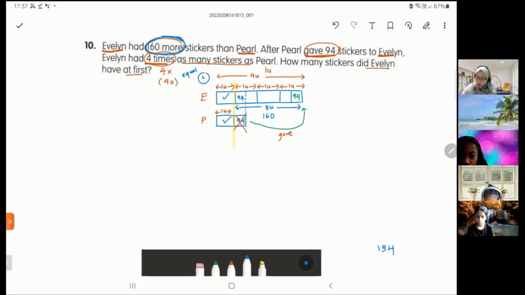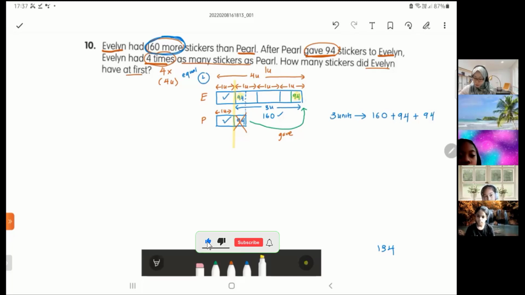So we are going to take 3 units, which is actually 160, plus 94 because it's included inside, plus your 94 included inside. Can you see the included one? 94, 94. You include them inside.